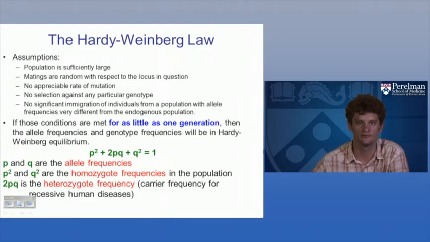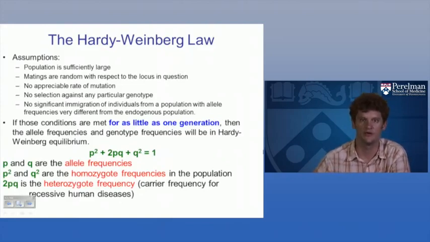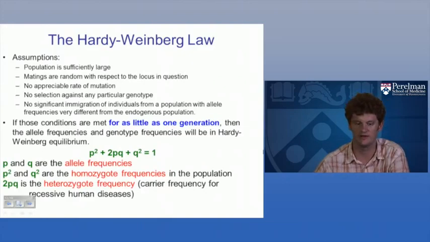Okay, so how are these alleles distributed across the population? Now, this Hardy-Weinberg law comes up again and again, and deviations from it are really useful in terms of identifying genes that are under particular types of selection.